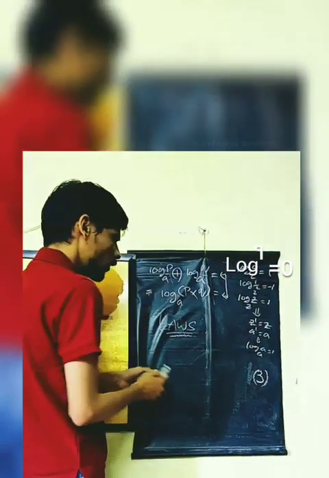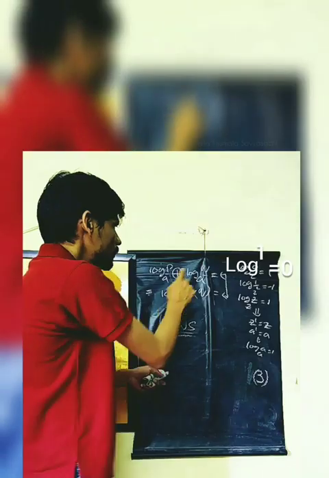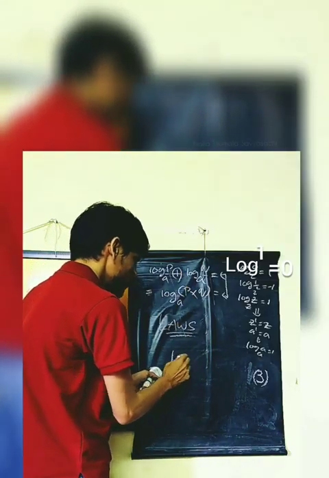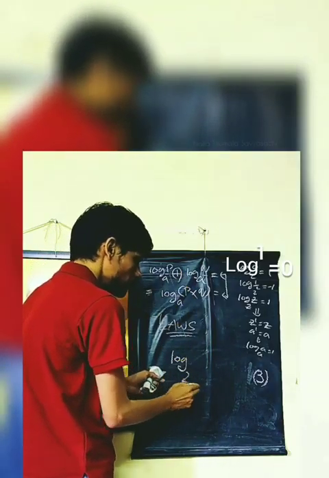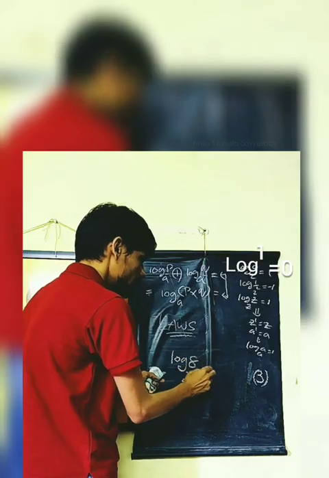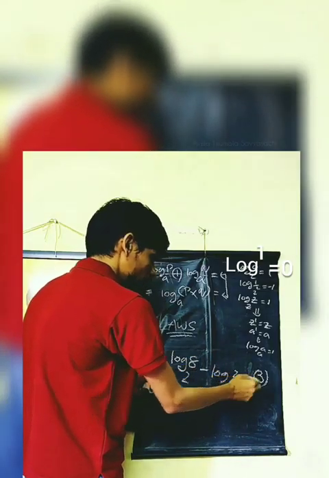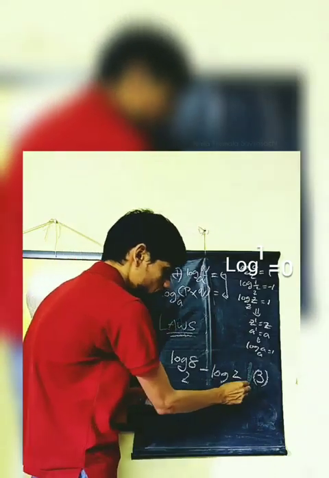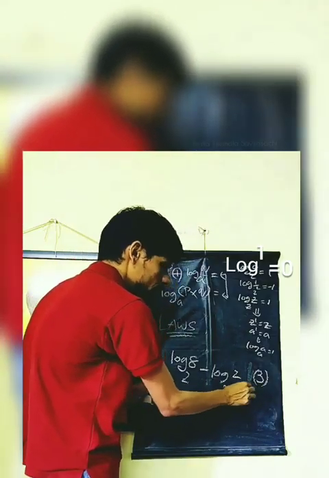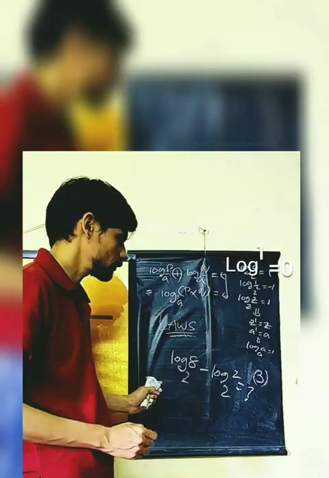Now we will see the subtraction problem. For example, I have log base 2 of 8 minus log base 2 of 2. So what will be the output? This is the function we need to evaluate.